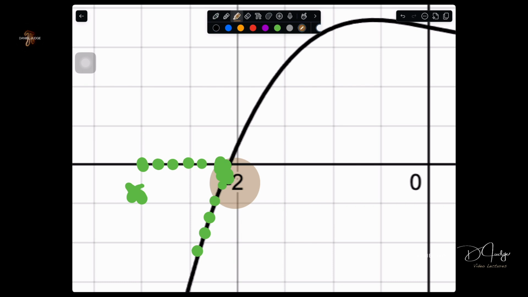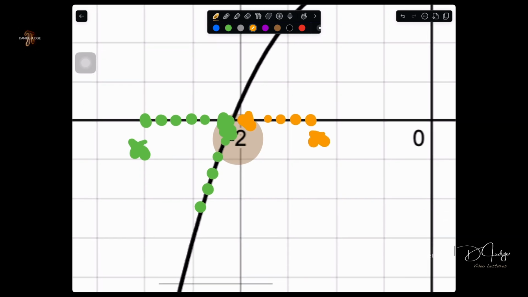I'm going to erase it, but approach -2 from the right. I want to go through these ideas. Again, these are x values. So on the curve, you're approaching the same location at -2. And it looks like we had to go all the way up here because what you're approaching is this point here.